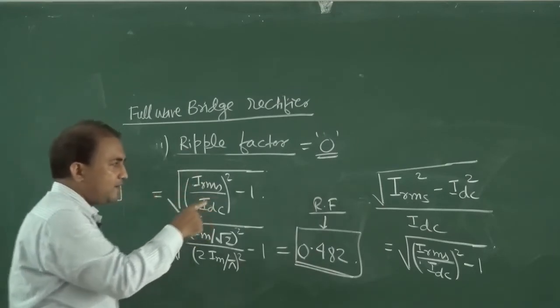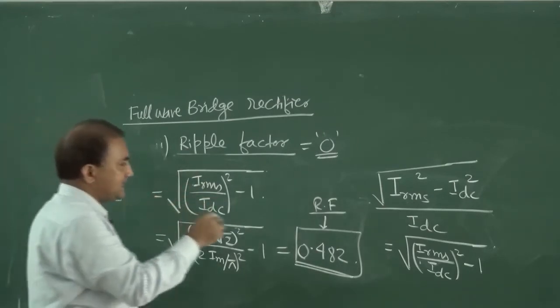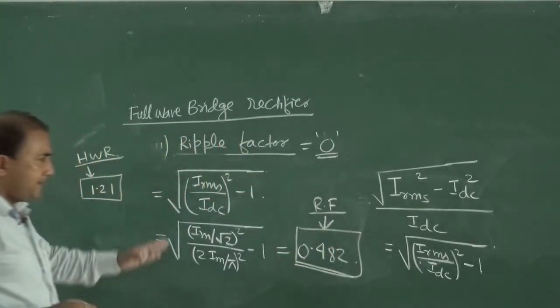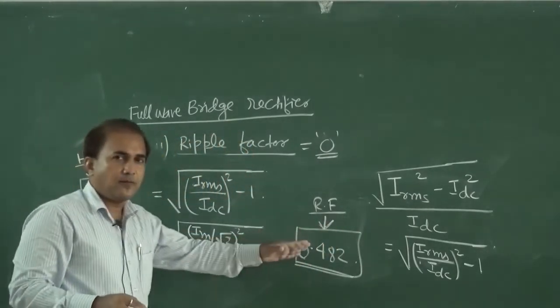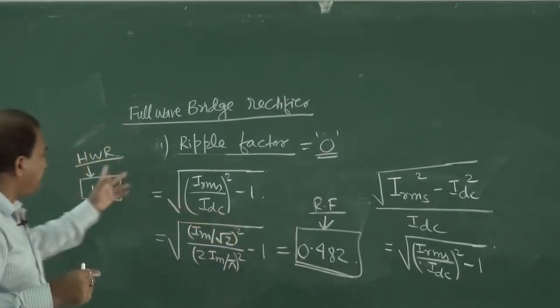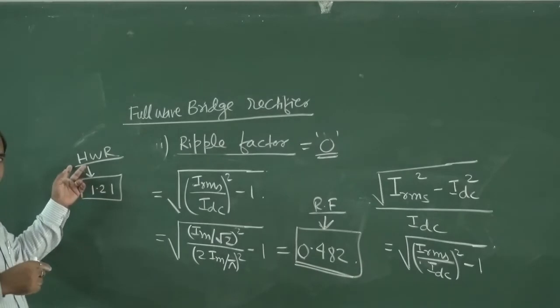So for a full wave bridge rectifier circuit, its ripple factor is 0.482. Here the AC component in the rectifier output is lesser as compared to the half wave rectifier.